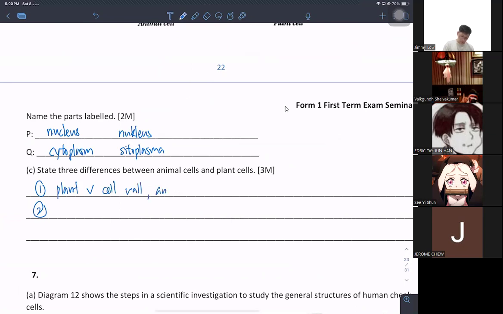So other than cell wall, what can you say? Okay, we can say chloroplast. Okay, the third point can be the size of vacuole.